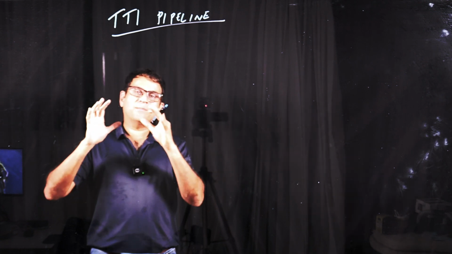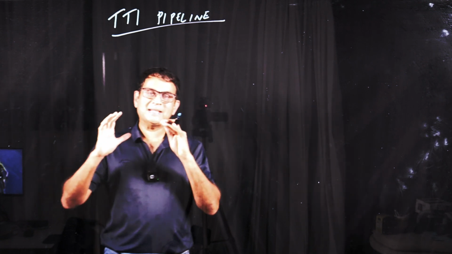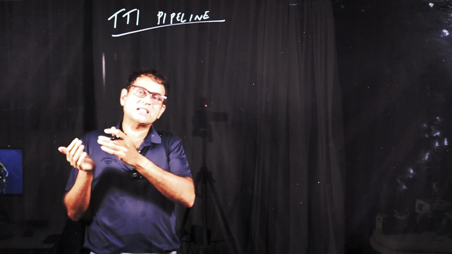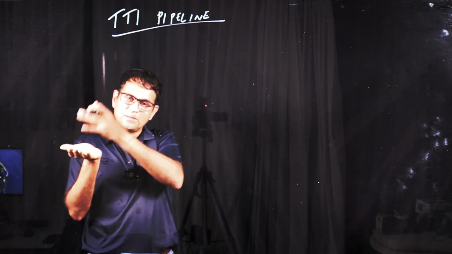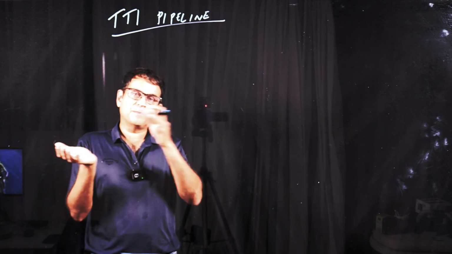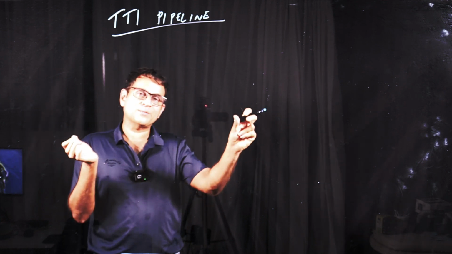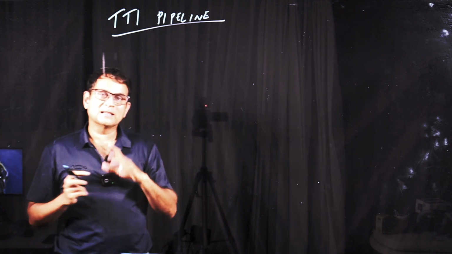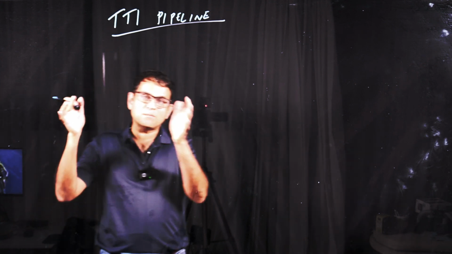Now, the TTI pipeline, simply put, is basically a pipeline where all of this behind the scenes work is arranged as a pipeline of stages, a pipeline of work, which basically leads to the transmission time interval sending out the data. And this behind the scenes work can take multiple TTIs.